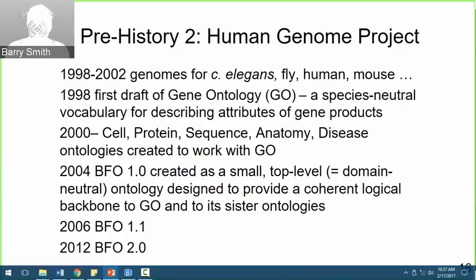What happened was that biologists suddenly were confronted with genomic data, which is chemistry data. And they needed to associate the genomic data with terms about traditional biology, about cells, about diseases, about molecular functions, about cell lines, and so forth.